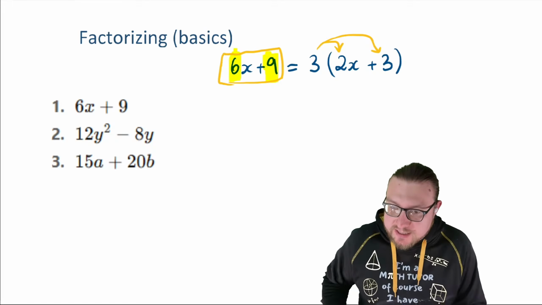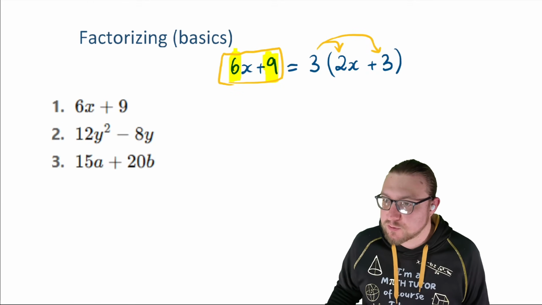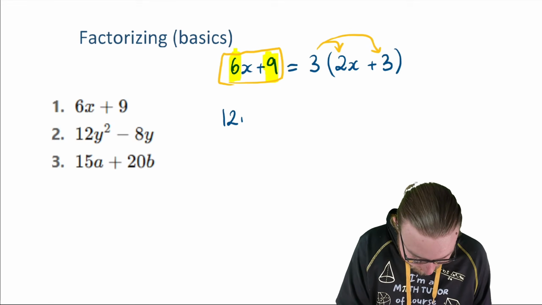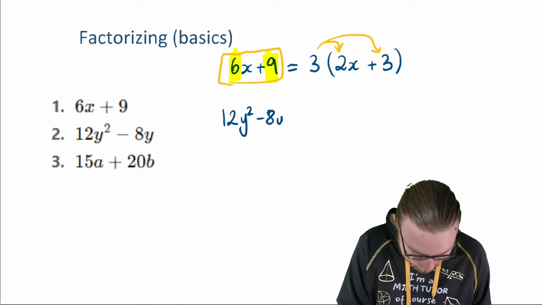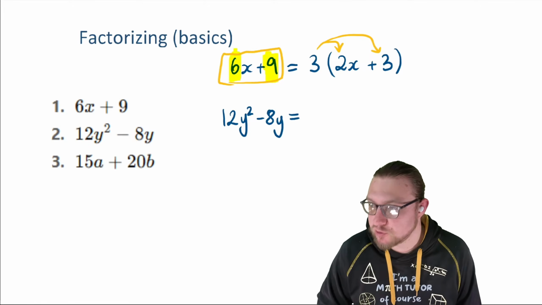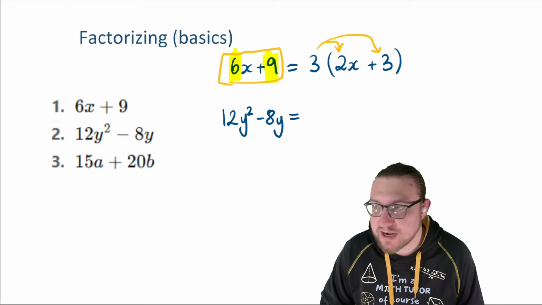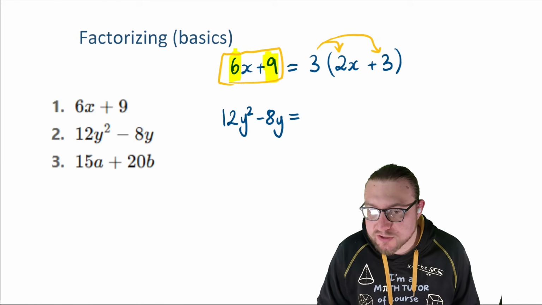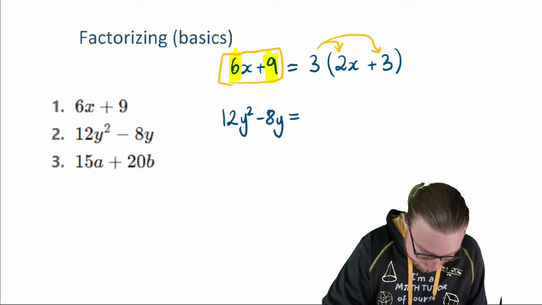Okay, let's have a look at the next one. We have 12y squared minus 8y. Now again, we just have two terms, and we're going to have to find what factors they both have in common. So first we look at the numbers. I'll mark them here in yellow.